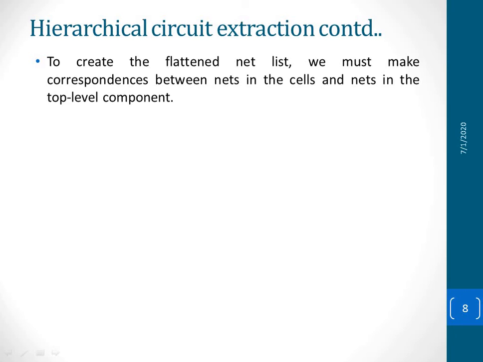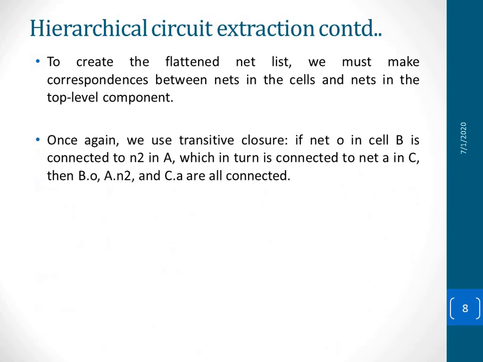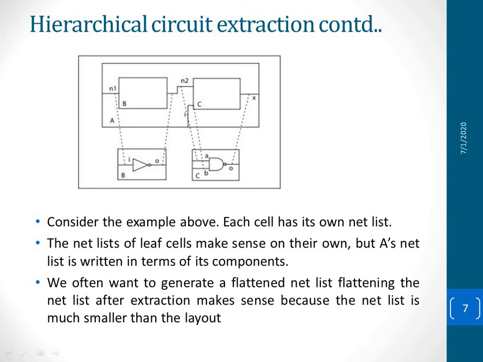To create the flattened netlist, we must make correspondences between nets in the cells and nets in the top level component. Once again we use transitive closure. If net O, which is the output in cell B, is connected to N2 in A, which in turn is connected to net A in C. If you see here, this O is connected to C also, this O is connected to B also, as well as this O is connected to A because this is the A block, and this O here also is connected to the A block.